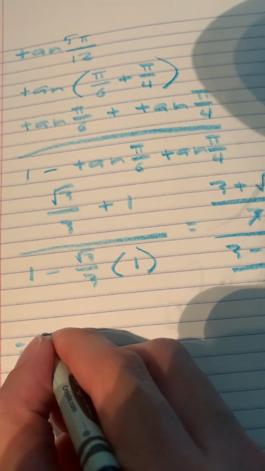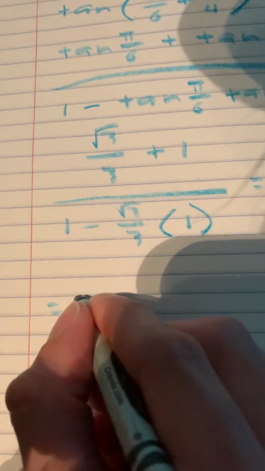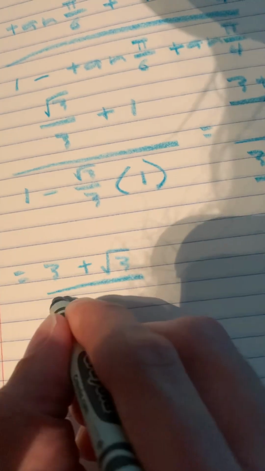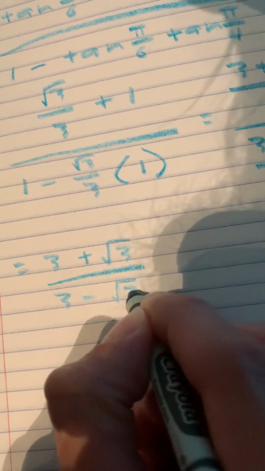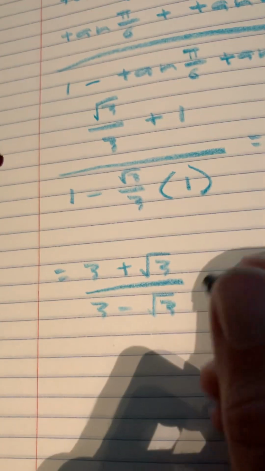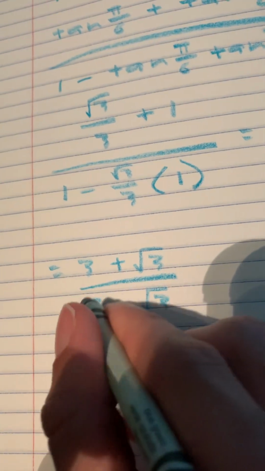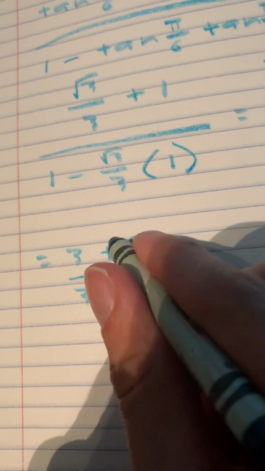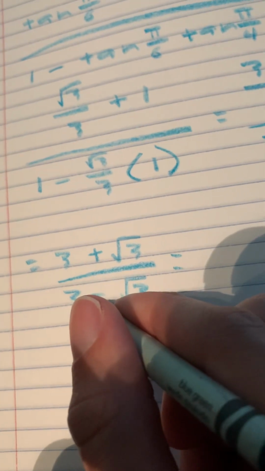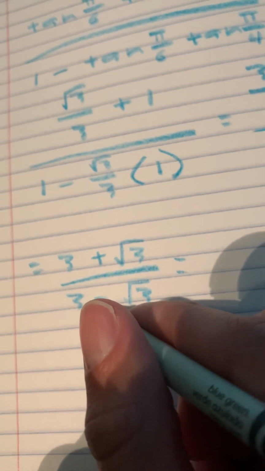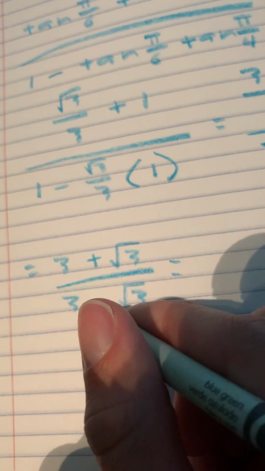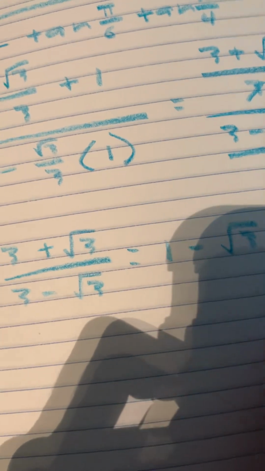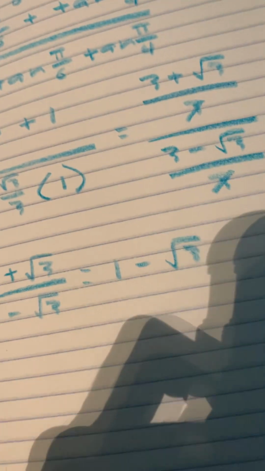So I am left with 3 plus root 3 all over 3 minus root 3. And I believe that can reduce. And I believe that can be just 1... I'm going to try it this way. 1 minus root 3. Let's see if I'm right.